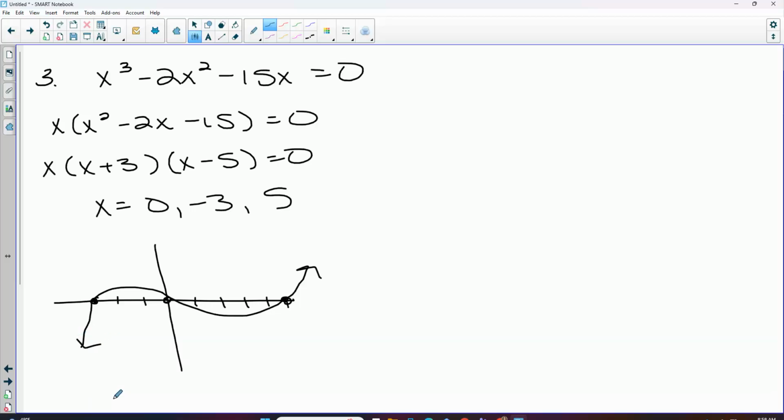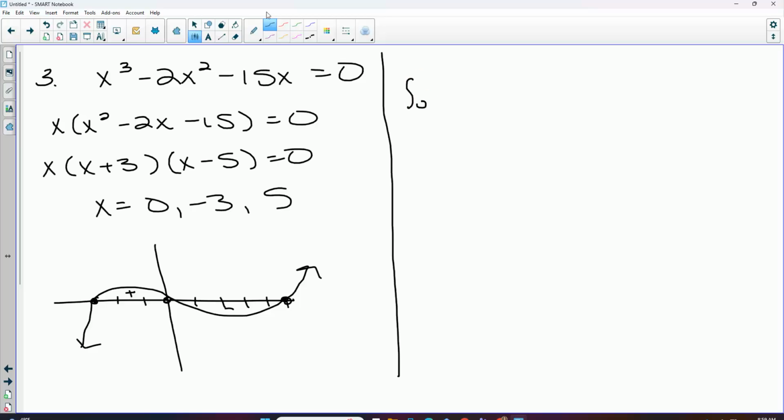Now, if I am finding the area, we are just integrating. However, it says find the total area enclosed between that and the x-axis. Remember, if I just integrate from 0 to 5, it's going to say this is positive and this is negative and subtract them off. So if I want the absolute value of that, we're going to have to break it into pieces.